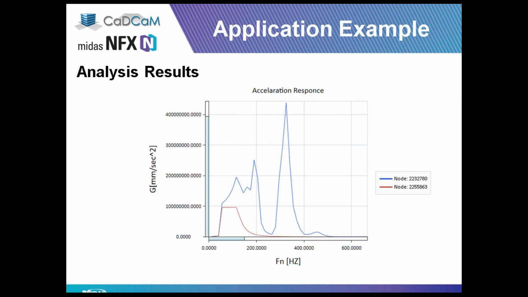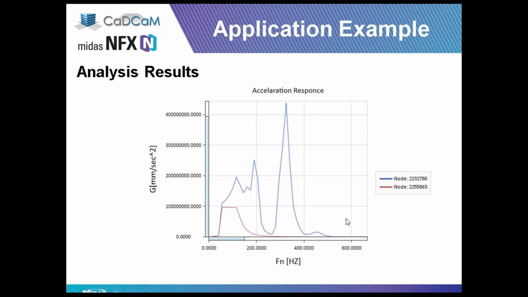We can get the results also on the graph of G, which is the vertical axis, and the spectral frequency, from 0 to the maximum span that has been checked.